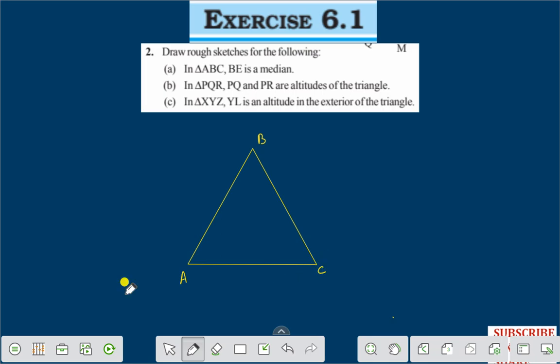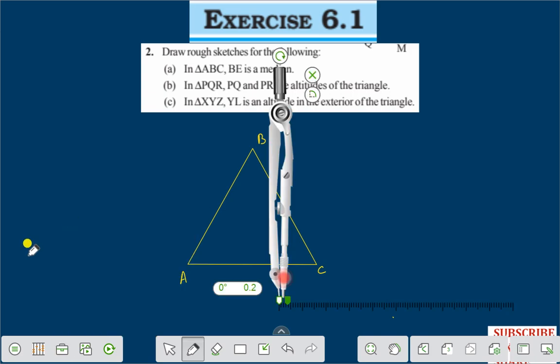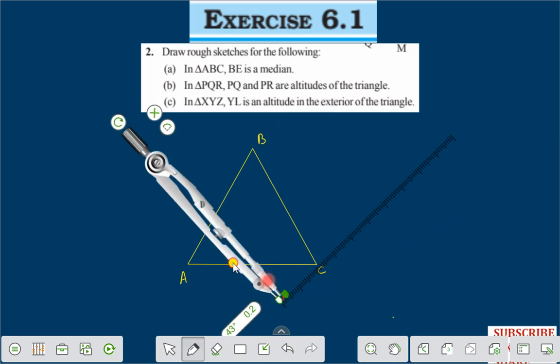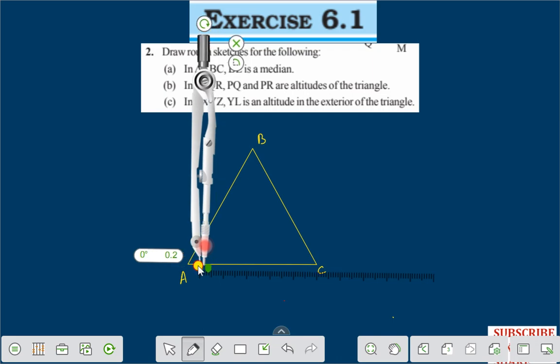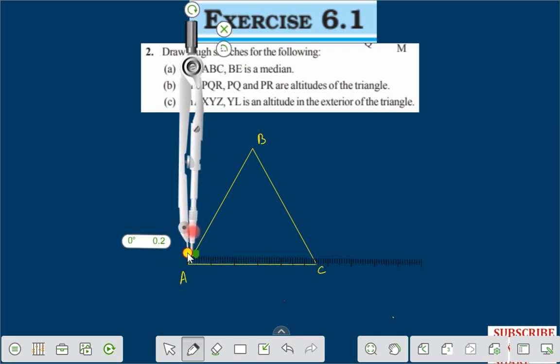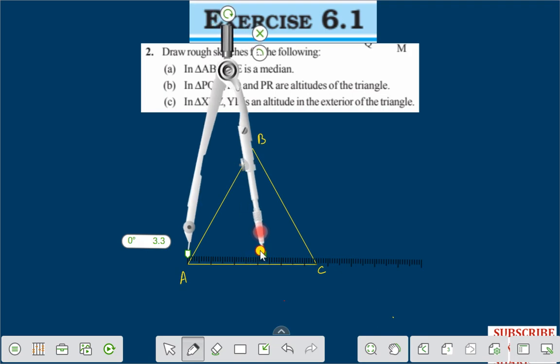Right? Now we'll find the midpoint of AC. For that you have to take a compass. Now with this pointer at point A, increase its length and draw an arc here.